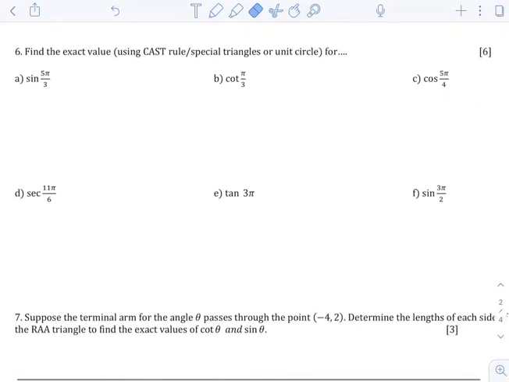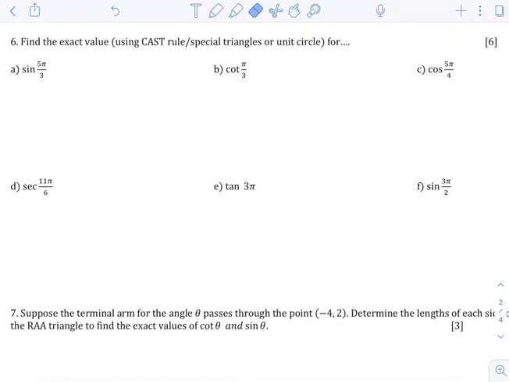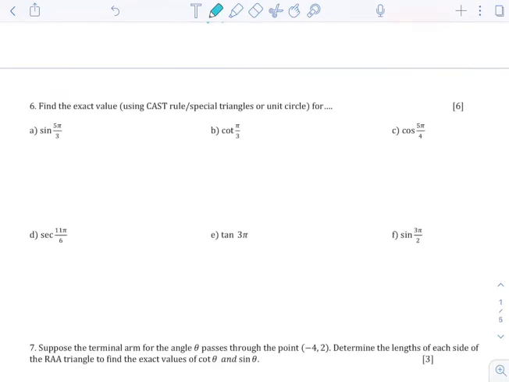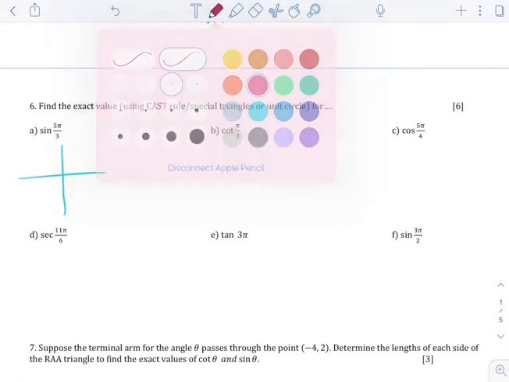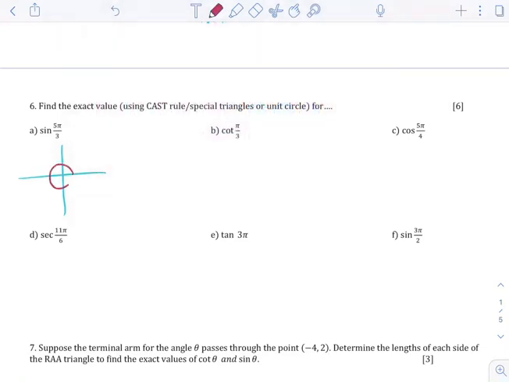Find the exact value using either CAST rule, special triangles, unit circle, doesn't matter, of each of these. So sine 5 pi over 3 is almost 1 full circle, but we're short by pi over 3. Because 5 pi over 3 plus pi over 3 is 6 pi over 3, which is 2 pi, right, a full circle. So in that quadrant, sine is negative.